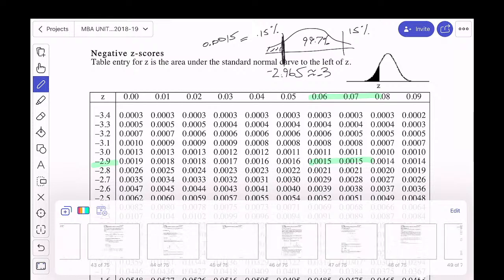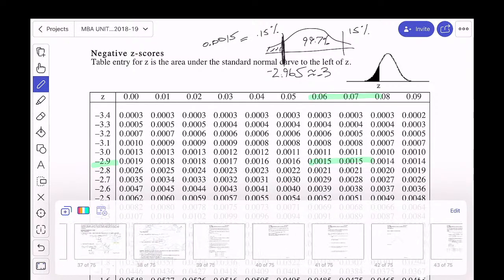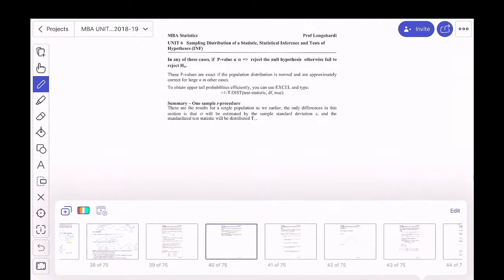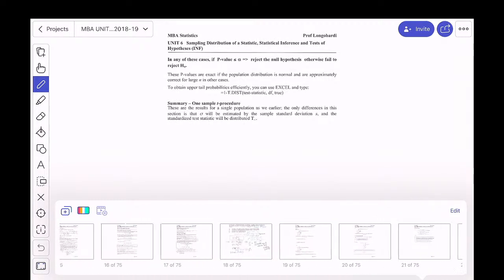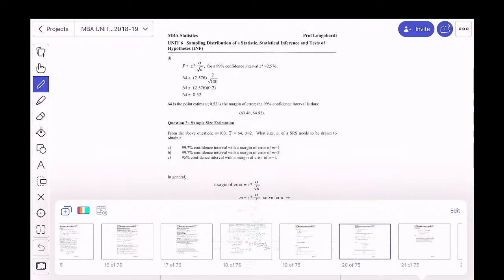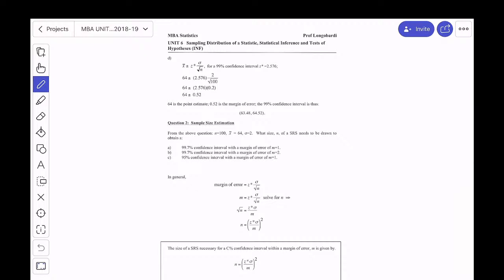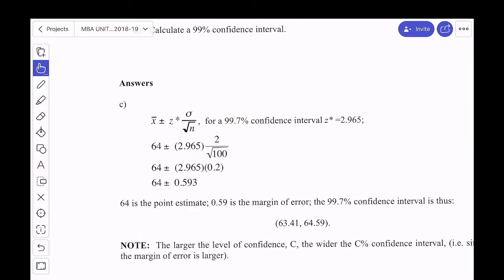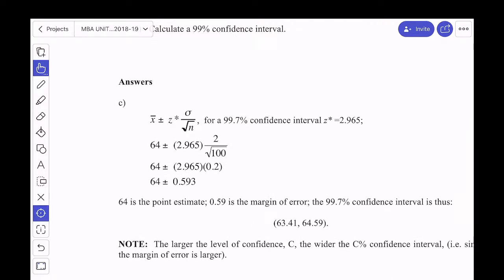Okay, so let's go back and fill that in. Okay, let's see. 2.965. And that's what I did here. Okay, so I have the answers here. So that's not on the table. You need to use the standard normal to find that.